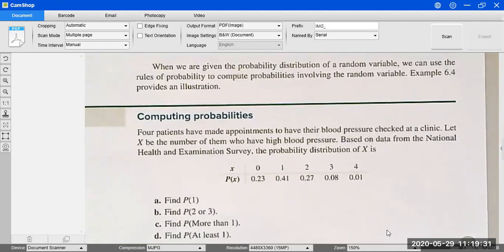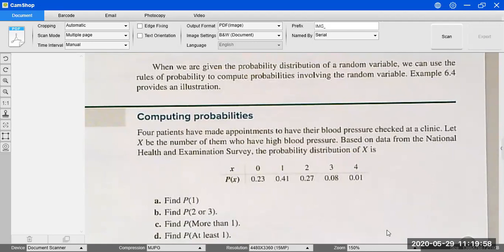We have 4 patients who have made appointments to have their blood pressure checked at a clinic, and we're going to let capital X be the number of them who have high blood pressure. Based on data from the National Health and Examination Survey, the probability distribution of capital X is, and then we have that table.